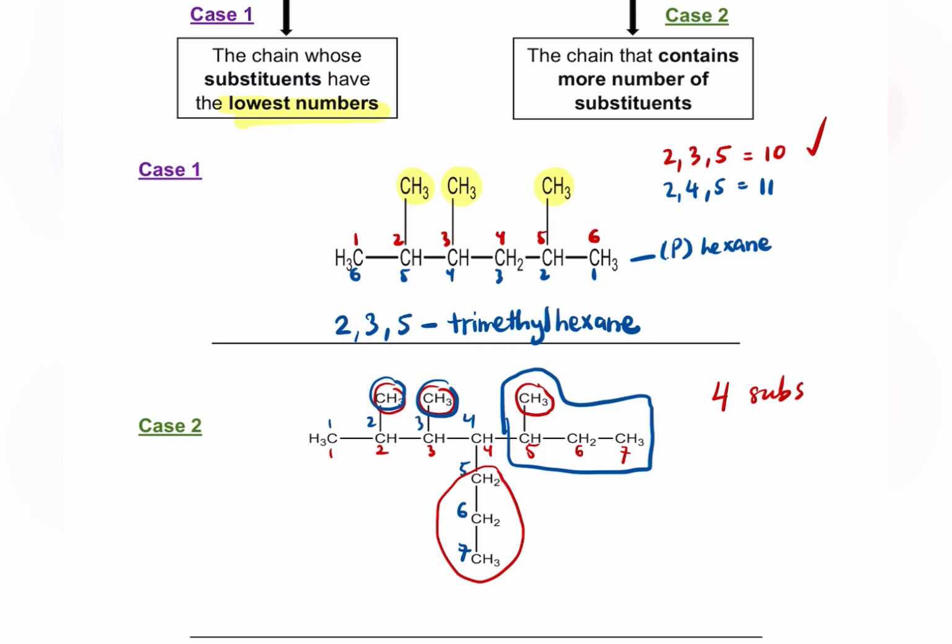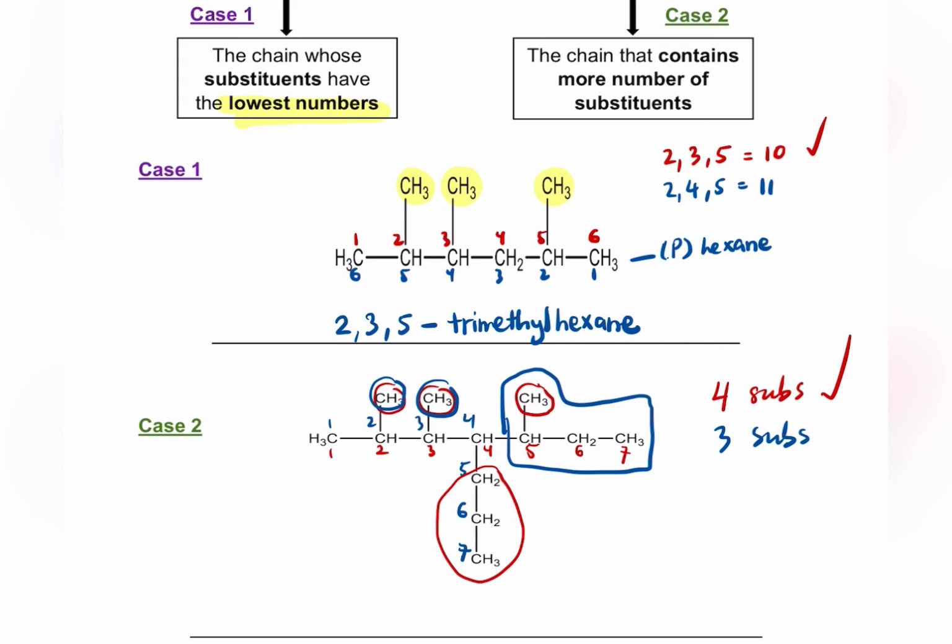So there will be 3 substituents for the blue one. So how do you determine which one is the correct numbering for your parent chain? Determine based on the greater number of substituents. So 4 is the better choice for this case. So I'm going to take the numbering with 4 substituents, the red color.